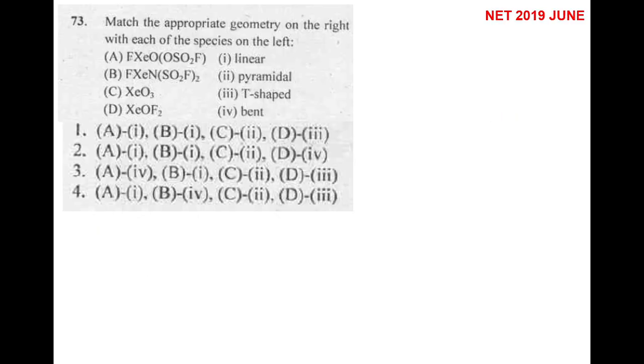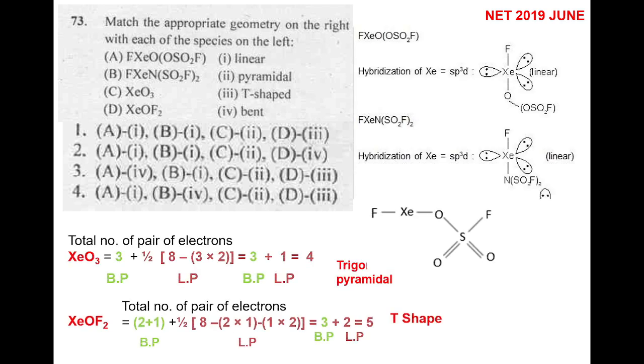So moving to the next question. Match the appropriate geometry on the right with each of the species on the left. So this is a matching type of question. Correspond to which shape the molecule given in column A has in column B. As you know, XeO3 is a pyramidal shape and XeOF2 is T shape.